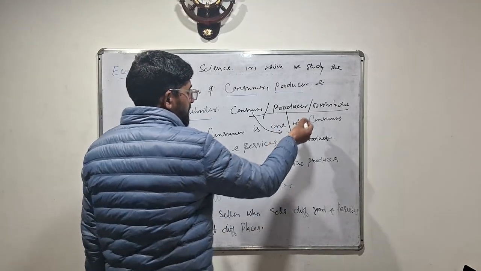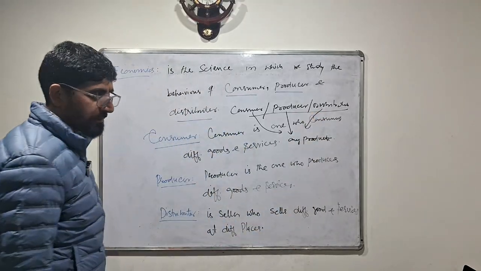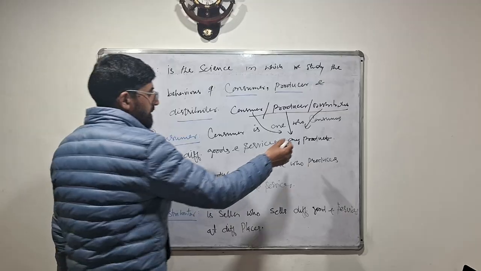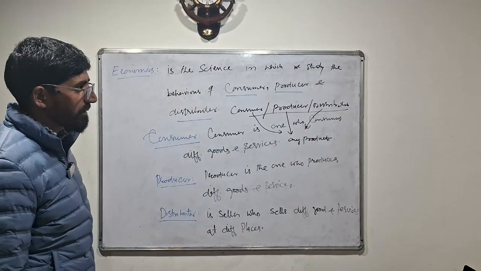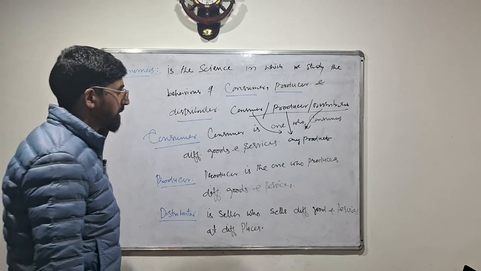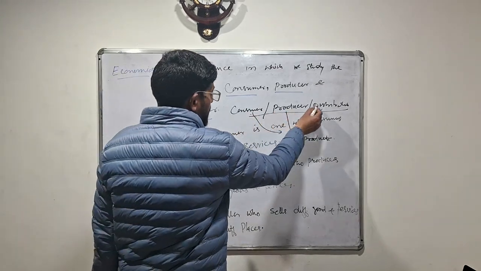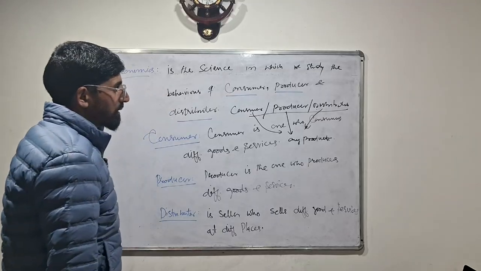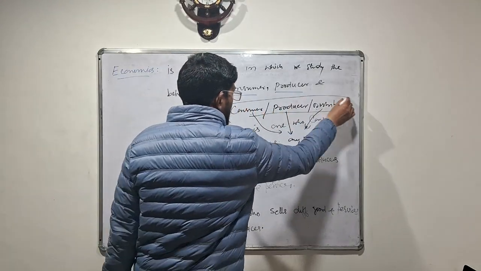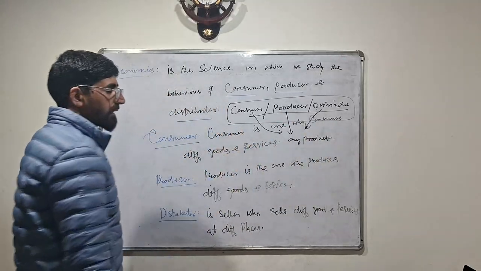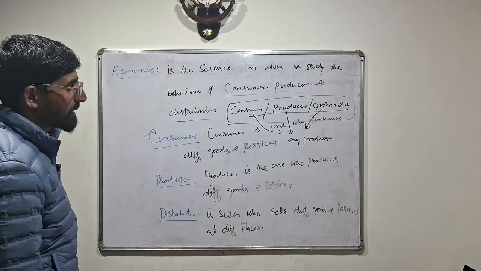In some places, it is the task of distributor, seller, as he sells different goods and services or drops different goods and services at different locations. In economics, we know how they behave with each other. What is their relationship? How they behave at the marketplace.